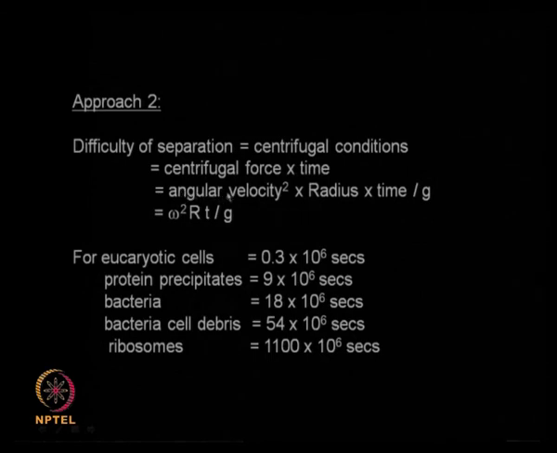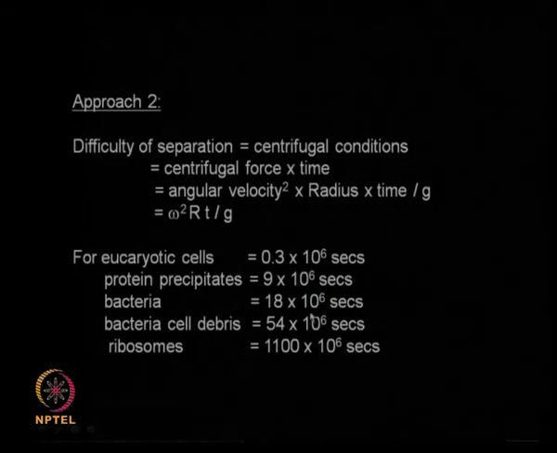Centrifugal force is calculated using the angular velocity, the radius of the centrifuge and the time, and of course the g comes there. So, difficulty of separation is given by omega square r t by g. This is called the difficulty of separation. So, when you move from small scale to large scale, you can keep this omega square r t by g as a constant.